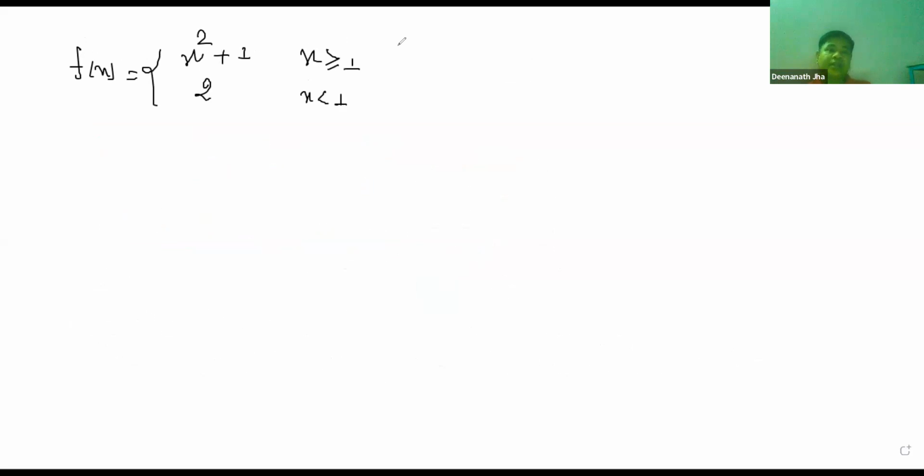You have to prove that this function is continuous at x equal to 1. So you have to show the limits at 1 plus and 1 minus. For 1 plus, you will take f(x) equal to which part? x squared plus 1.